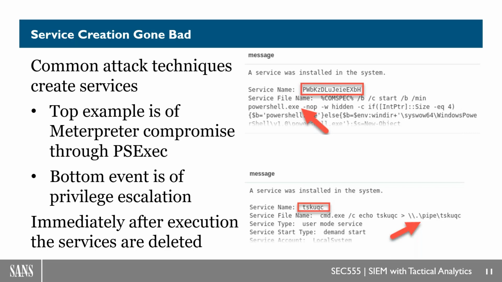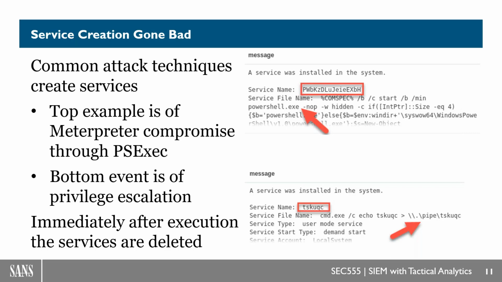And one of the hallmarks for Metasploit running PSExec is it creates a service with a random name, like you can see here, the PWBK whatever. That does not look like a normal service name at all, and that's something we can look for.